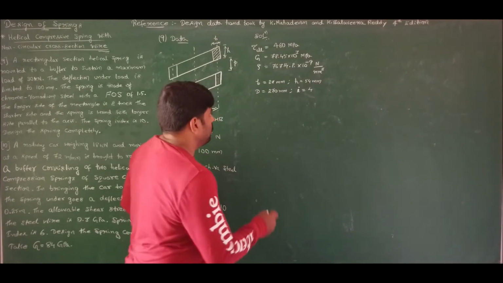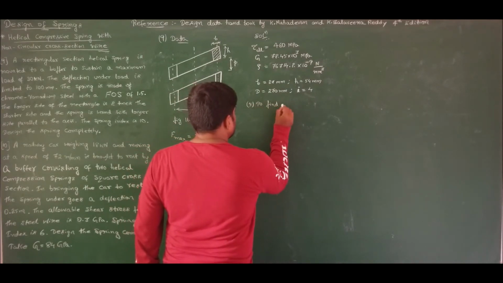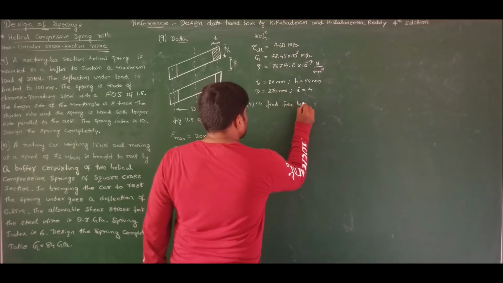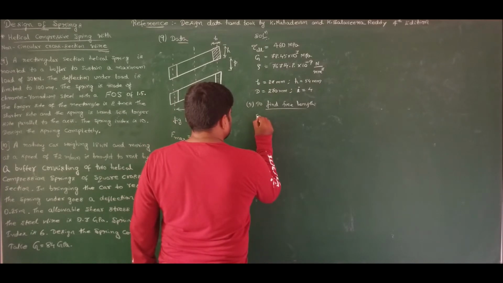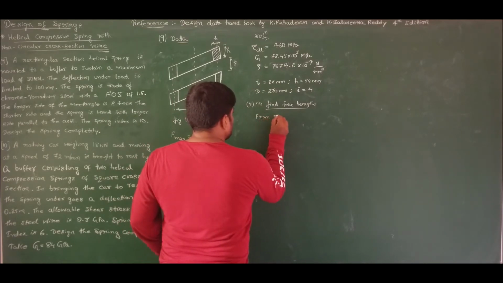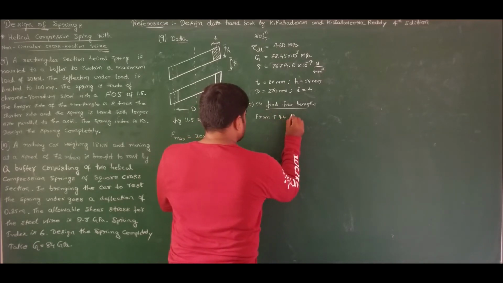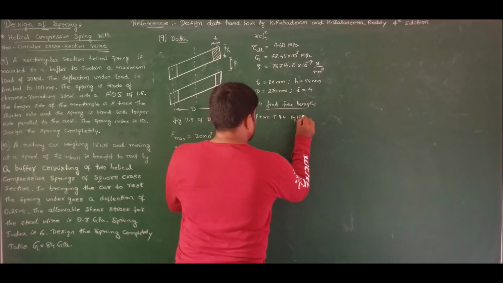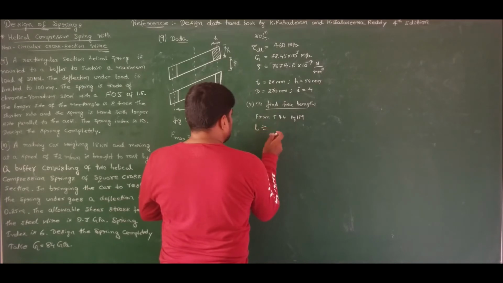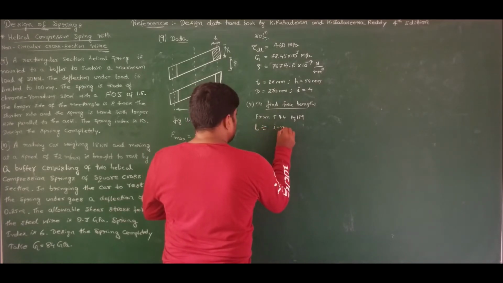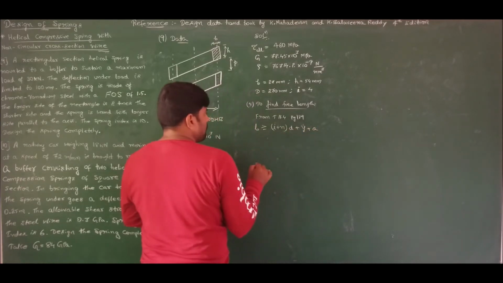Now, moving ahead, step number 5 is to find free length. From table 11.4 of page number 189, for square and ground end assumption, we have L0 should be greater than or equal to I dash plus N into small d plus y plus a.